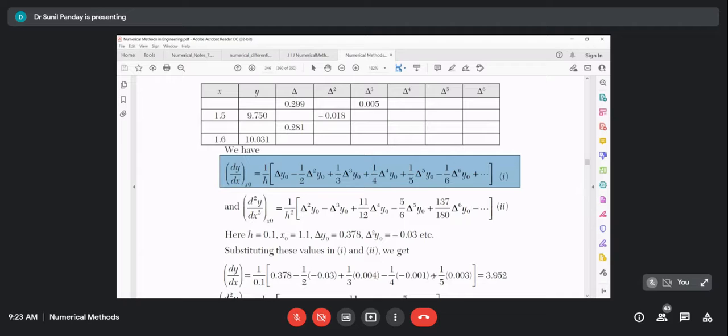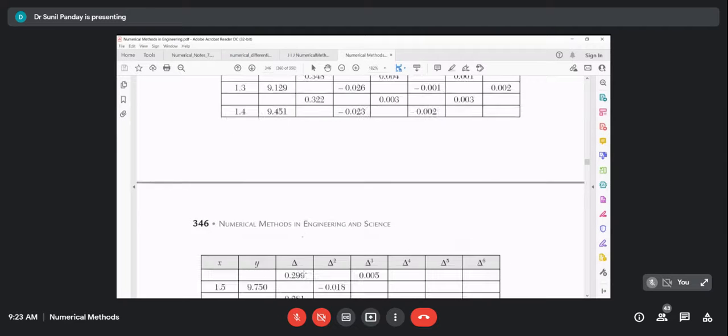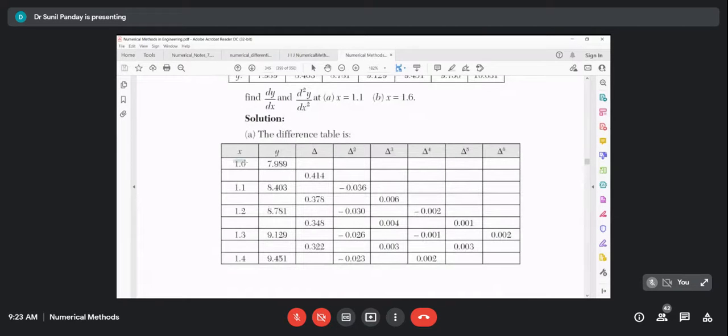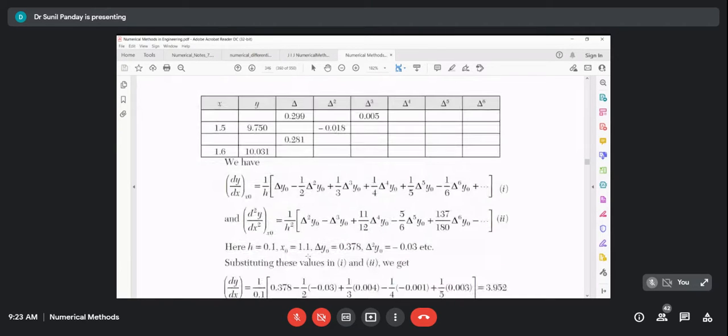When we have to calculate the derivative at the new point x equals 1.1, you can see that x naught is the first point 1.0, but here they are taking x naught as 1.1. So they have taken the same formula as for the initial point x naught.